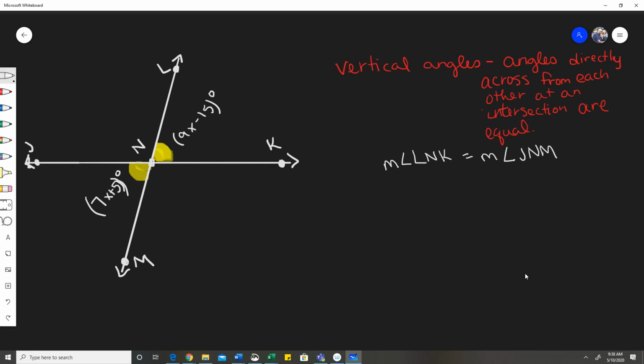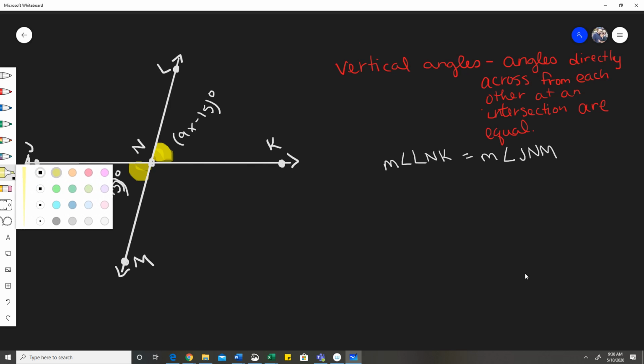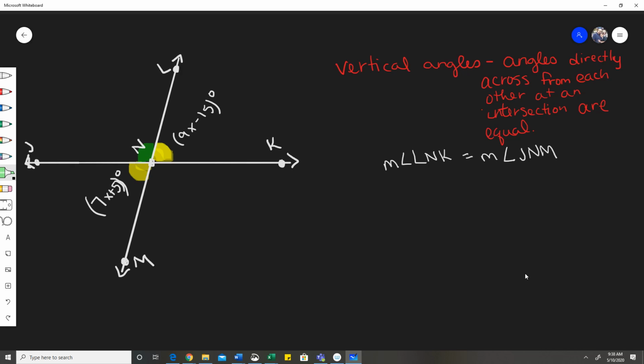Now, by that same token, we also have another set of vertical angles over here. These angles here, J and L, and M and K are also vertical angles. So these two angles are going to be equal to each other, and these two angles are going to be equal to each other.